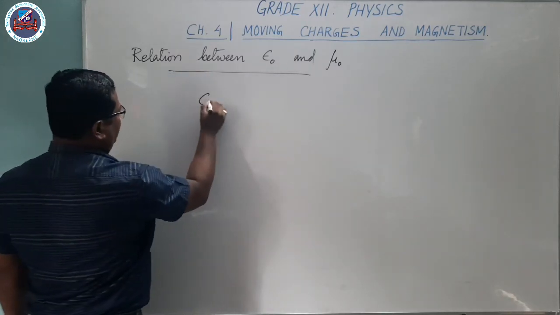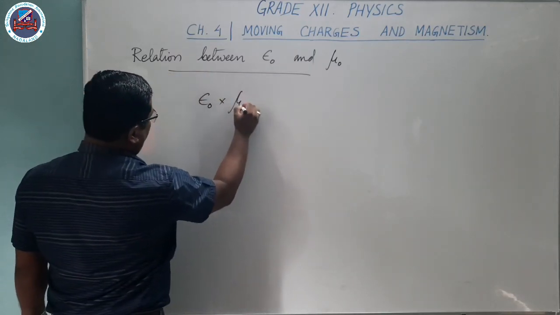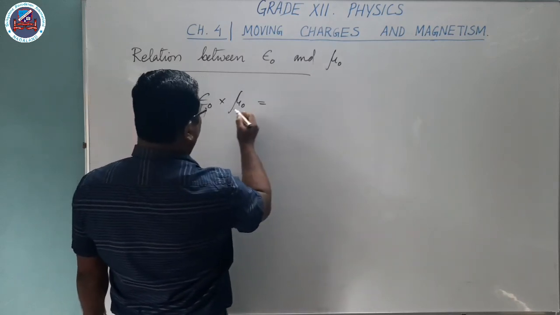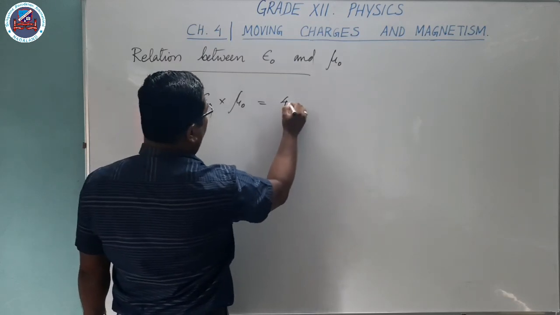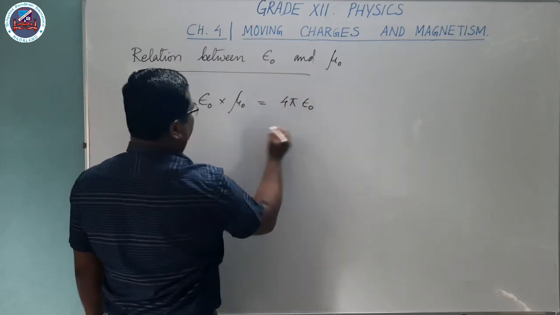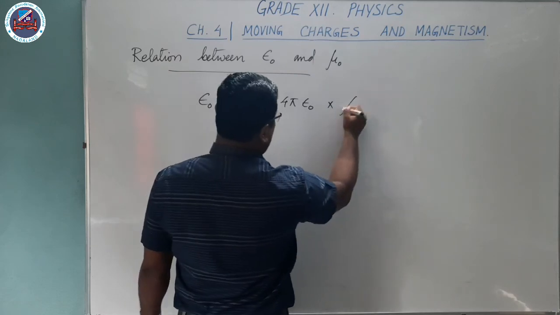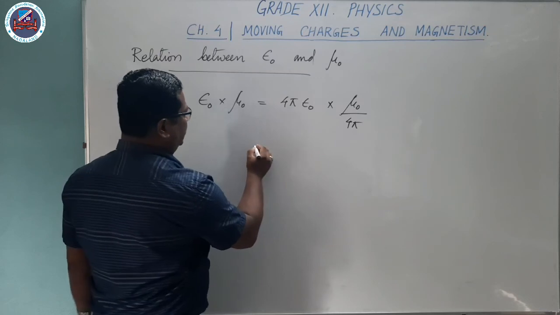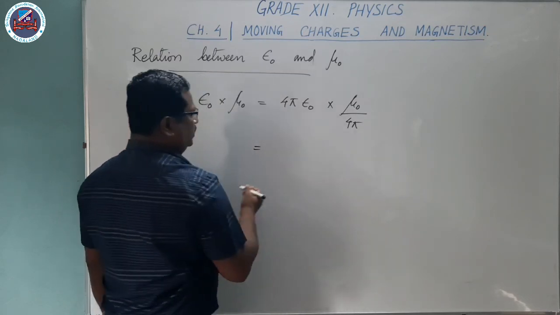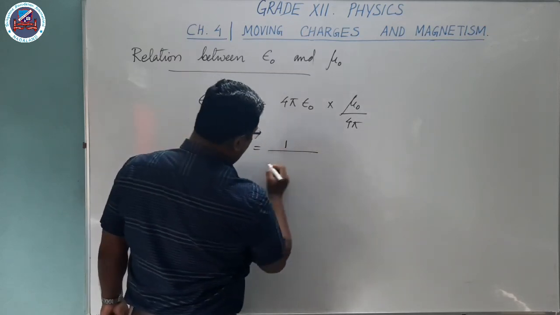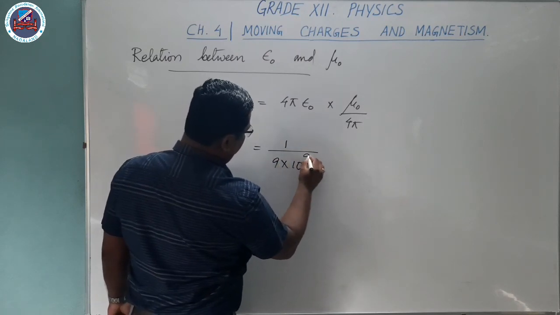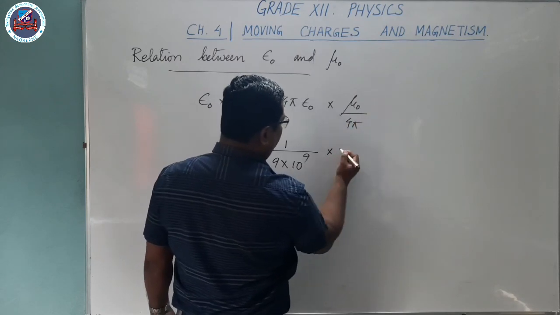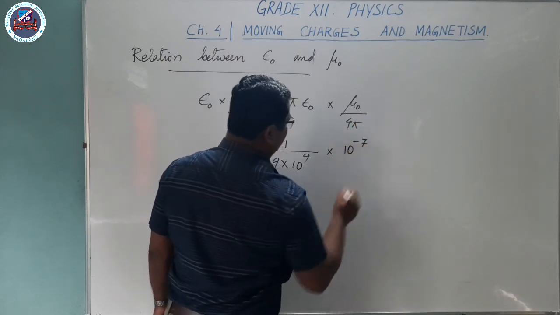If you multiply epsilon naught with mu naught, then if you multiply and divide by 4 pi epsilon naught, and with mu naught, if I divide by 4 pi, then you can see here 4 pi epsilon naught, your value is 1 by 9 into 10 to the power 9, and mu naught by 4 pi, your value is 10 to the power minus 7.